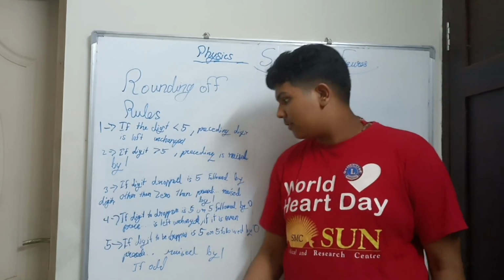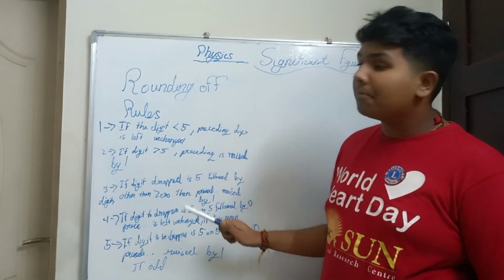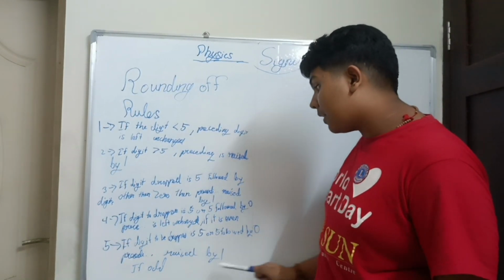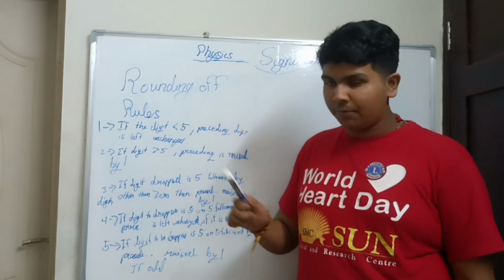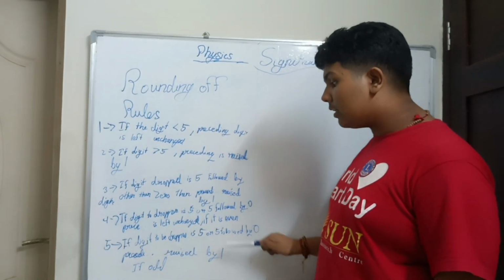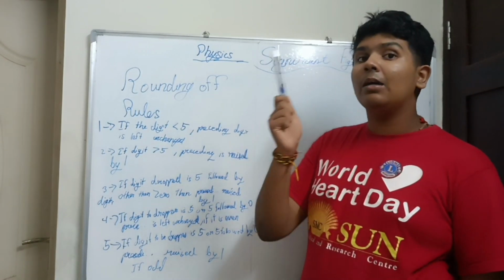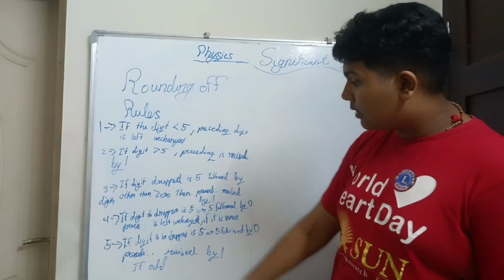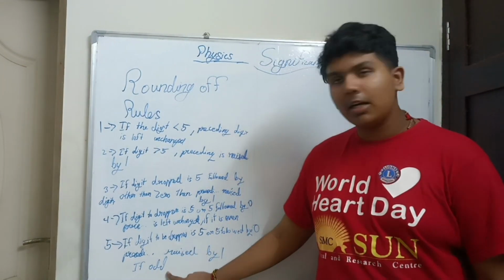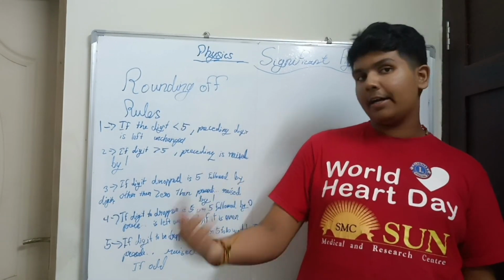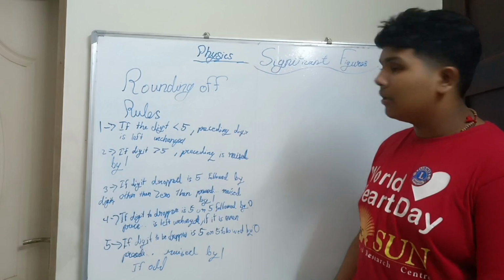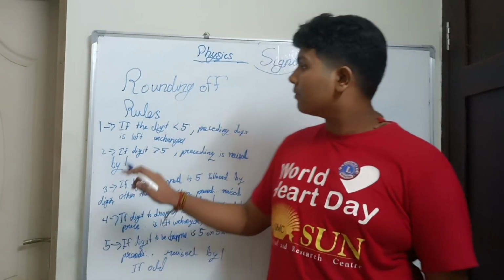Rule number 5: the same, but if the preceding digit is odd, then it is raised by 1. So we'll go through the rules once more.